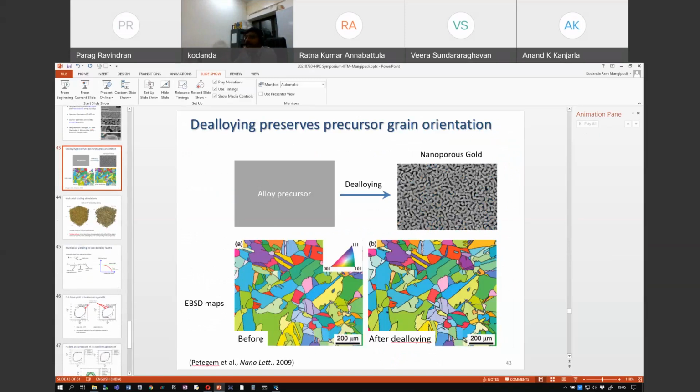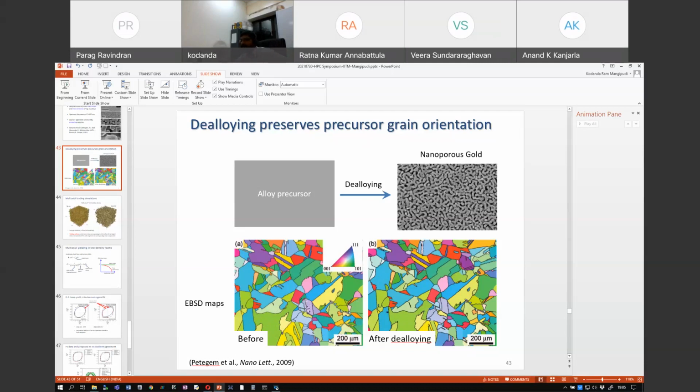Okay. So when the de-alloying happens, it removes all the less noble atoms from these individual grains. So this whole grain will have this structure inside it. So in a larger sample, we do have a polycrystalline nanoporous structure, and individual grains will be having exactly that. So this is before and after de-alloying.